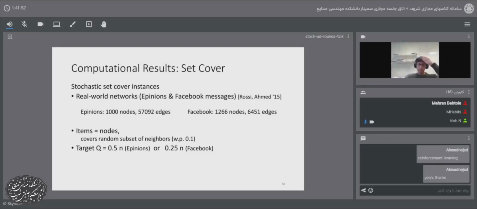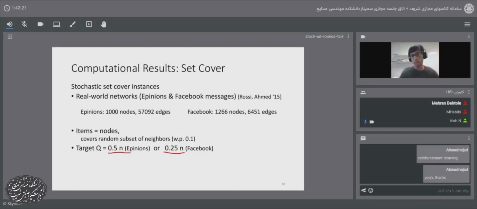And we set the target to be 50% of the nodes in the opinions network because it's a dense network. And for the Facebook network, we set the target to cover 25% of the nodes. So what that means is we want to select these items or nodes and observe the other nodes that they cover. And we want to continue the process until we cover the target number of nodes.